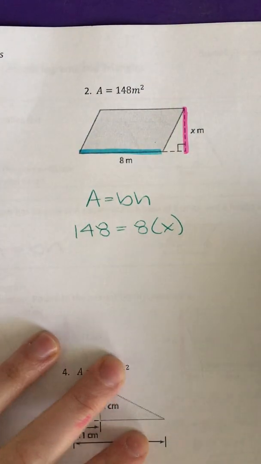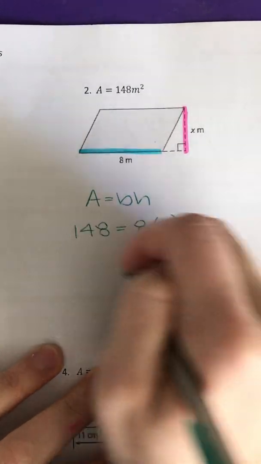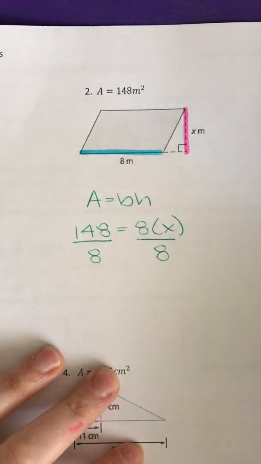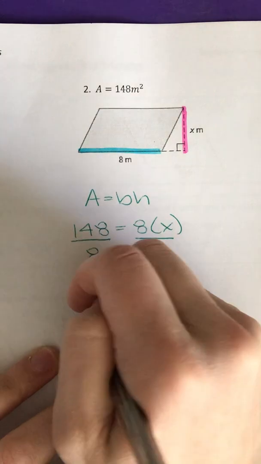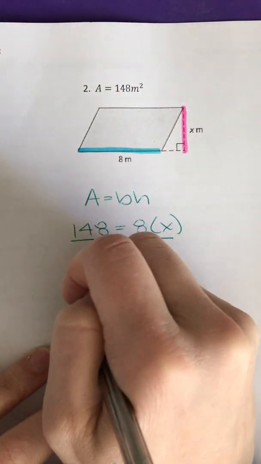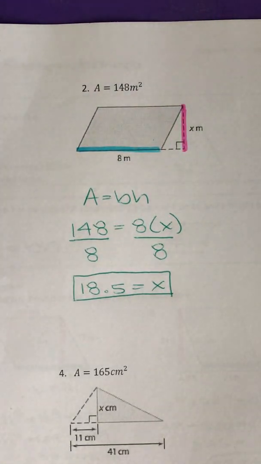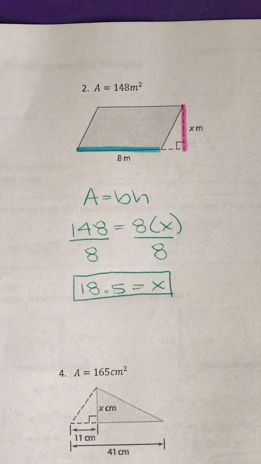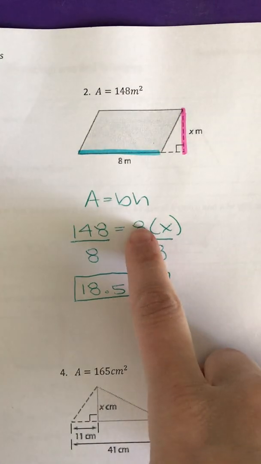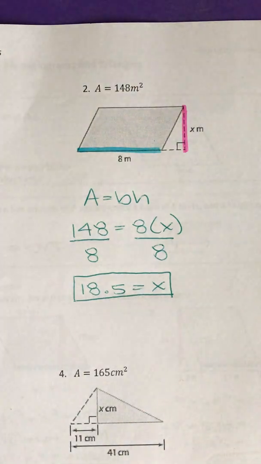My height is x. Divide both sides by 8. And I get 18.5 equals x. Again, you can plug it in. 8 times 18.5, you'll get 148.